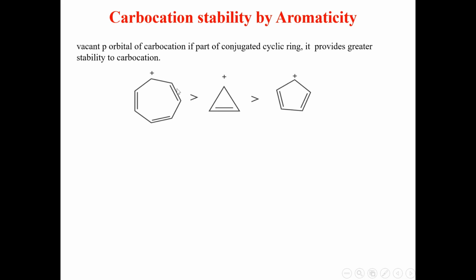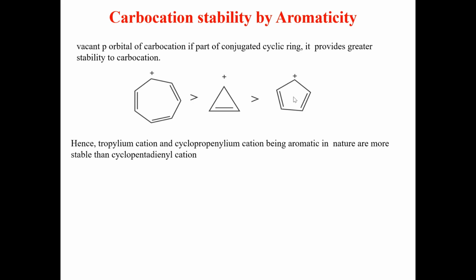The pi electrons in this ring system get conjugated with this, and this has 6 pi electrons in one ring system. It follows Huckel's rule. That's why it becomes aromatic. Here also cyclopropyl cation becomes more stable because of the aromaticity. Cyclopentadienyl cation does not have stability because it does not follow Huckel's rule.